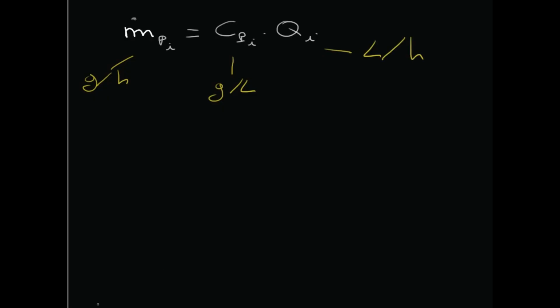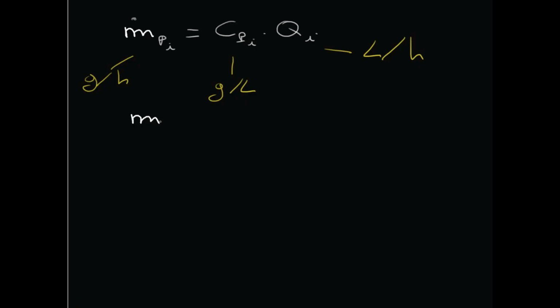I explain what is a mass flow of P at the entrance. A mass flow of P is the concentration of P at the entrance times the volumetric flow at the entrance. If we look at the units for this expression, a mass flow is gram per hour, for example, concentration is gram per liter, and the volumetric flow is liter per hour.